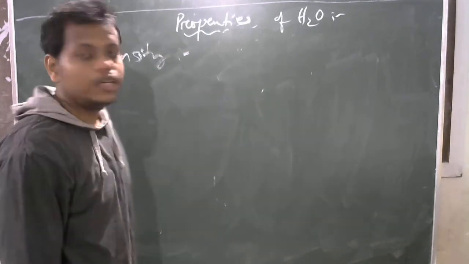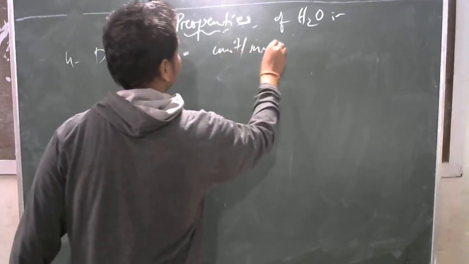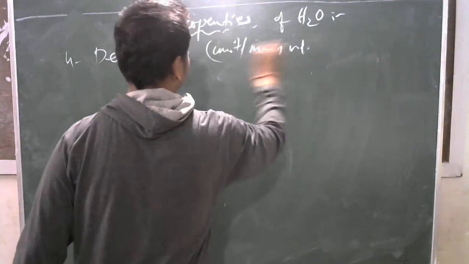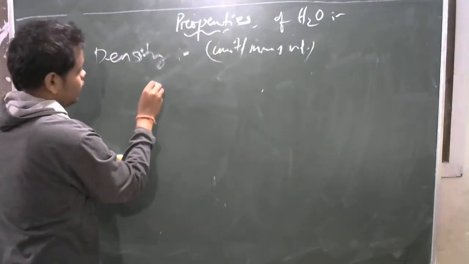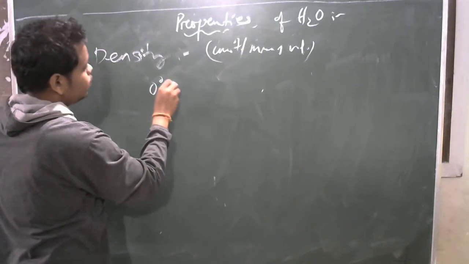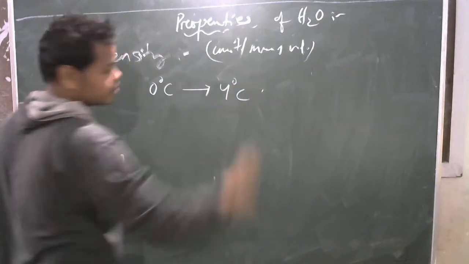Density refers to mass per unit volume. The density of water increases when we increase the temperature from 0 degree Celsius to 4 degree Celsius.